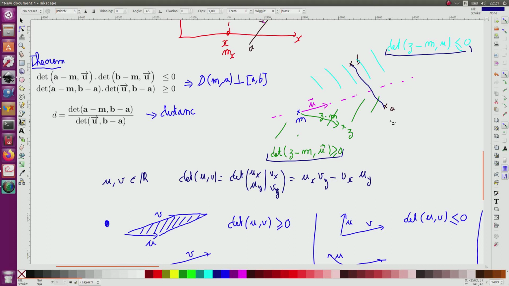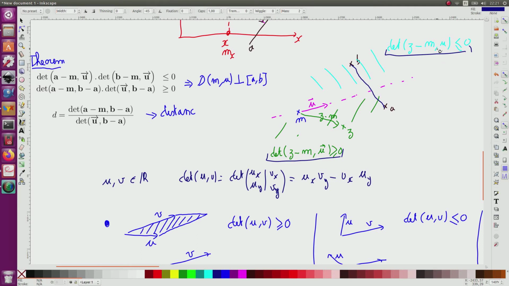So it means that I will replace Z by A or B. So A and B are in different half-planes, one satisfies this inequality and the other satisfies this inequality.